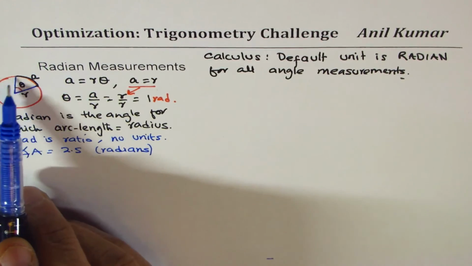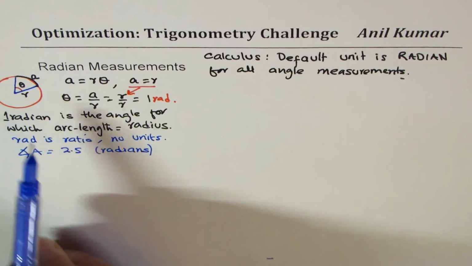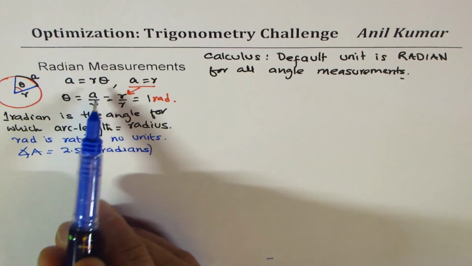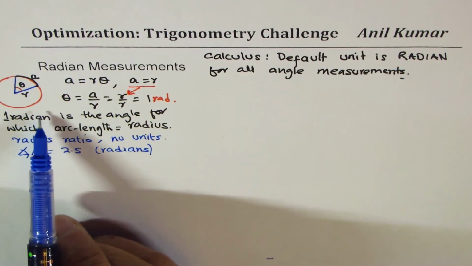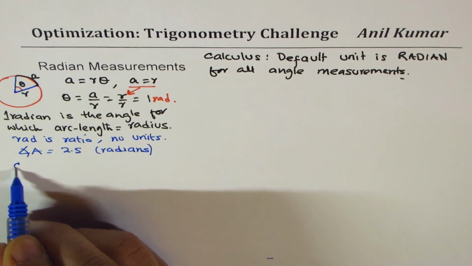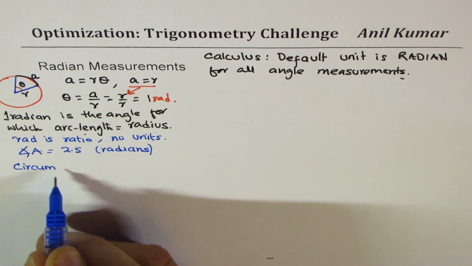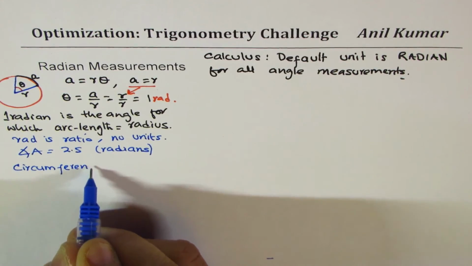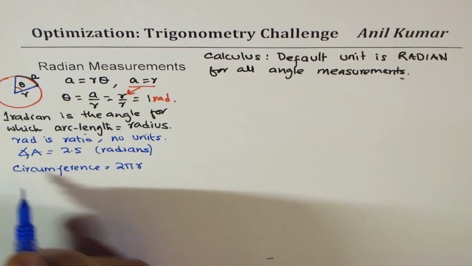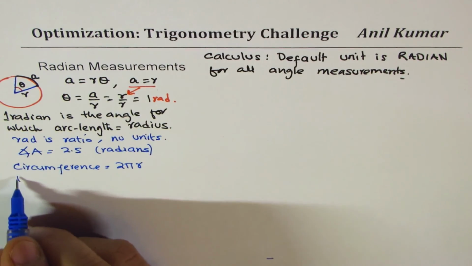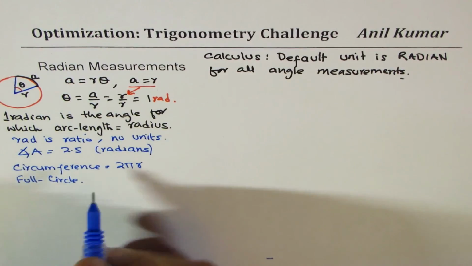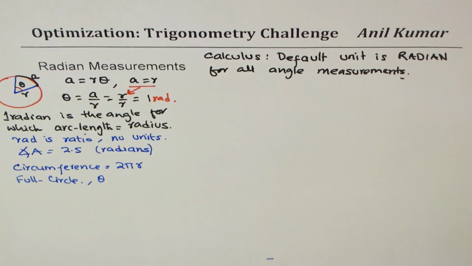Now, from this particular definition that A equals R theta, we can actually come to know what theta is for one full circle, right? For one full circle, we know circumference is what? It is 2 pi r, right? That is for a full circle. What is theta? This is what we need to find.